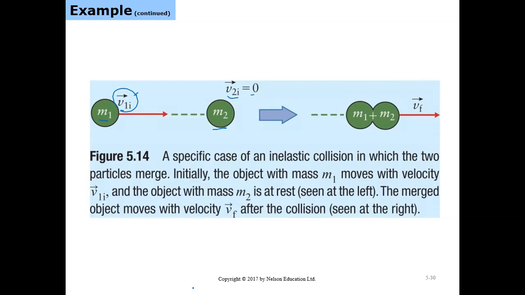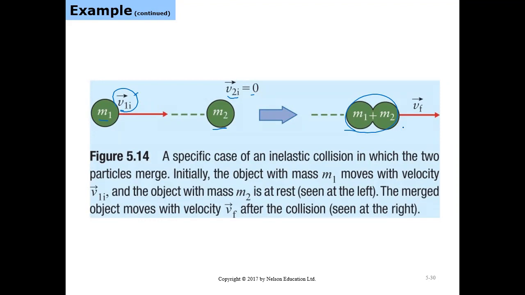When one of them is 0, the equation becomes simple. Then we also make it even simpler by saying that after collision, they join together. Okay, after collision, they become glued together, stuck together.